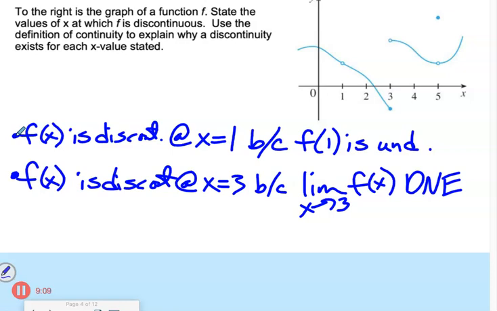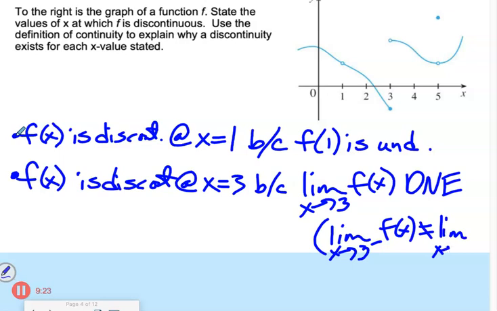There are some questions where they're going to make you justify anyway, so might as well just learn how to write it. How do we know this limit doesn't exist? Because the limit as x approaches 3 from the left does not equal the limit as x approaches 3 from the right of f of x. So that's why your limit doesn't exist. Not the same left and right.